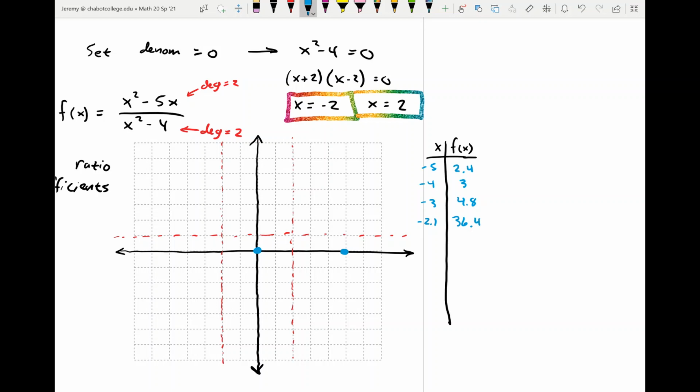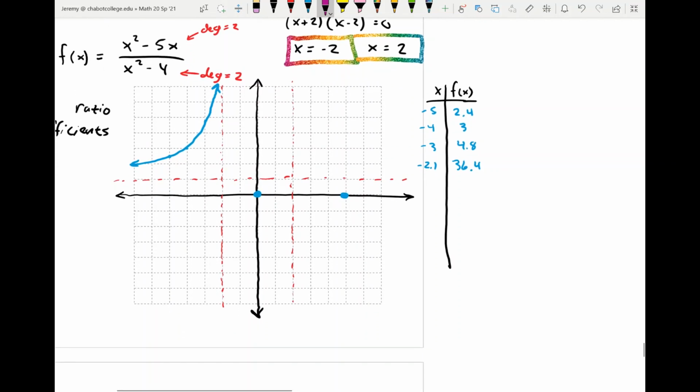That gives me a couple ordered pairs: (-5, 2.4), (-4, 3), (-3, 4.8). It's definitely looking like my curve will have that kind of behavior in that region. Great, so that is that first portion of the graph.